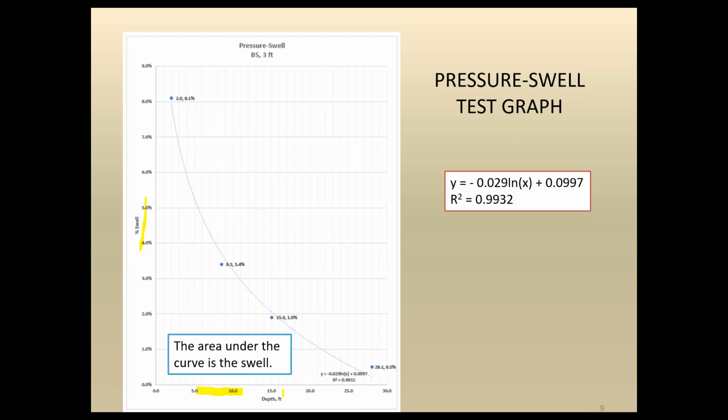So basically the pressures that are generated are divided by, what we typically do is divide by 120 pounds per square foot to get an equivalent depth. And you see the 4 points here that are graphed. And you see here the equation that's generated by Excel, and also an R-squared value that shows the correlation of the points to the equation.